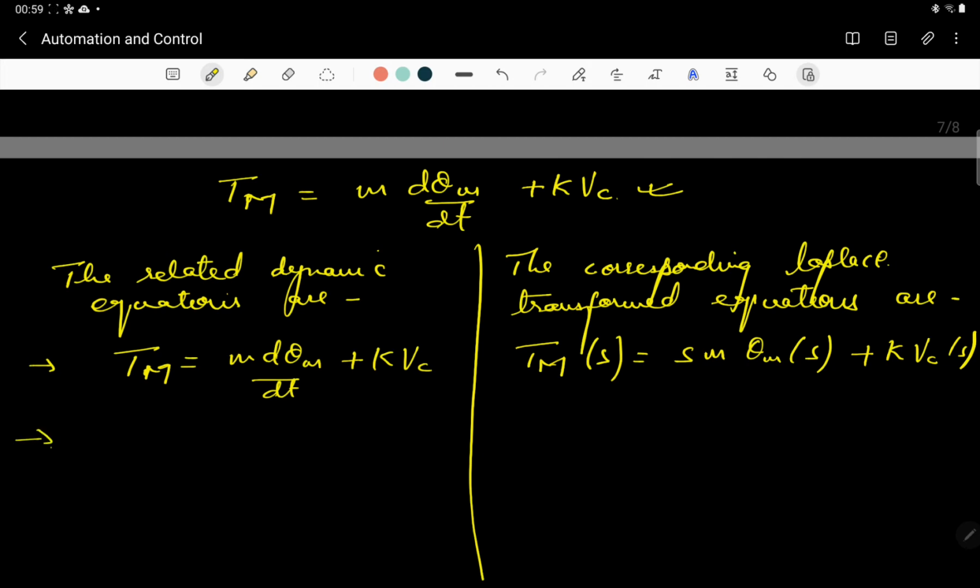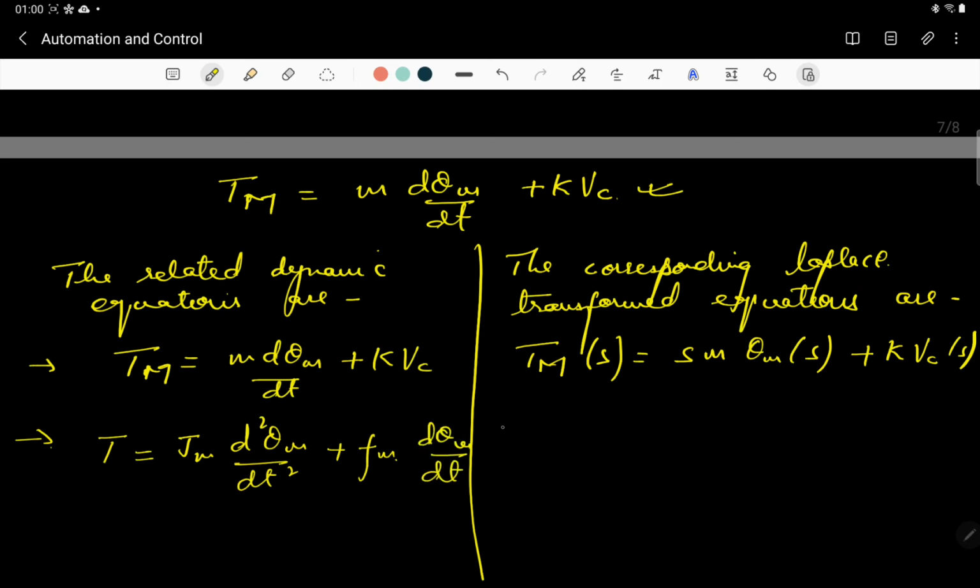And as you all know, when you studied the mechanical system, you derived the equation relating the torque versus the angular shift. Since we have a moment of inertia Jm, that equation is Tm equals Jm times the double derivative of the angular shift plus fm times d theta m over dt.